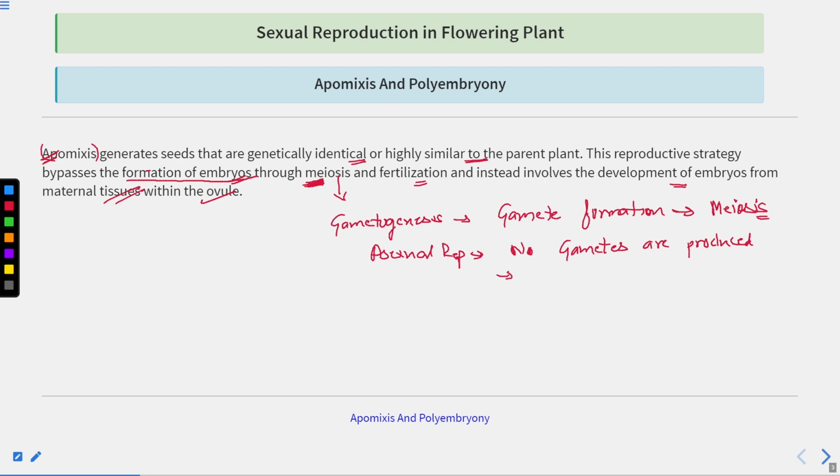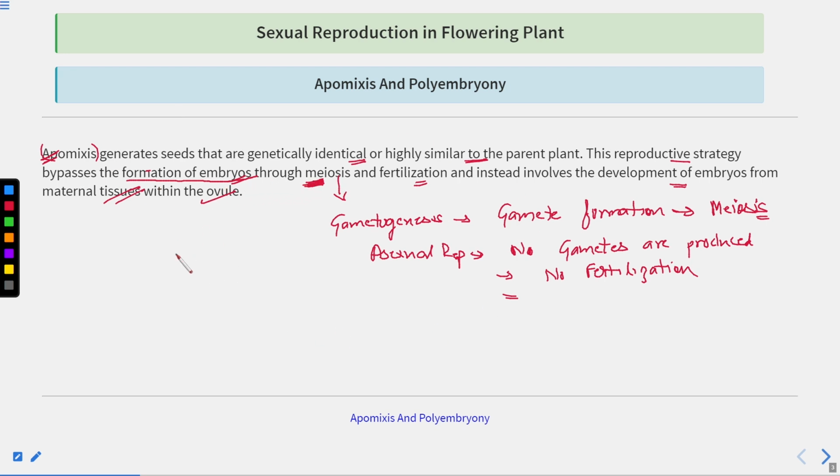So there is no fertilization. So the progeny produced is similar to the parent. Clear? So this reproductive strategy bypasses the formation of embryo through meiosis.